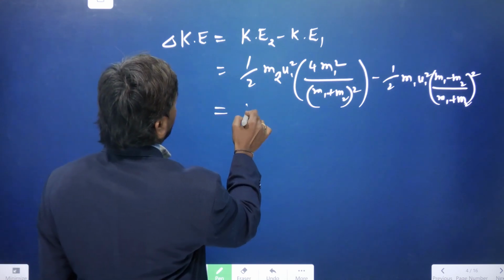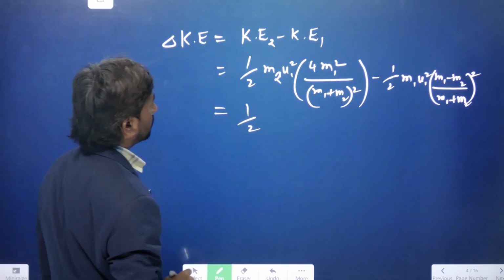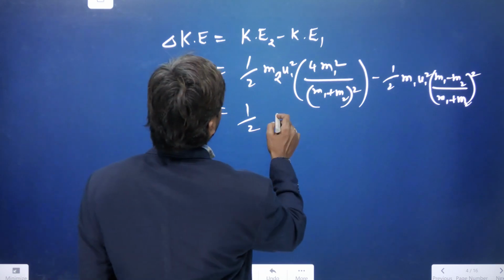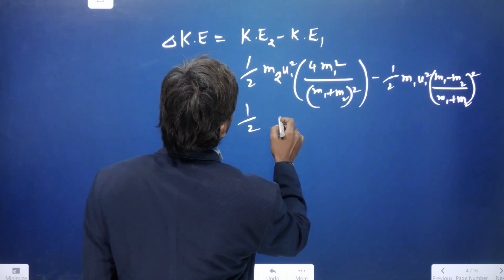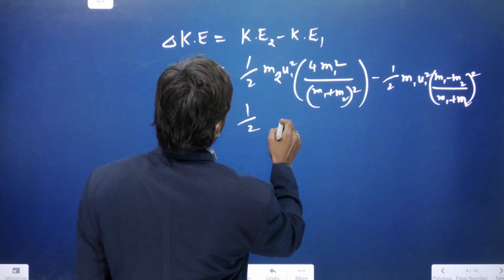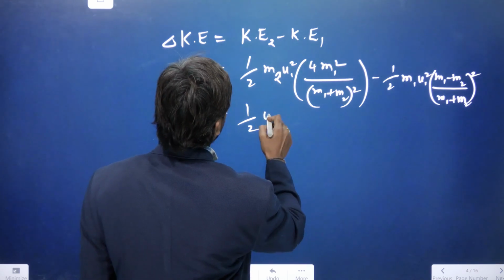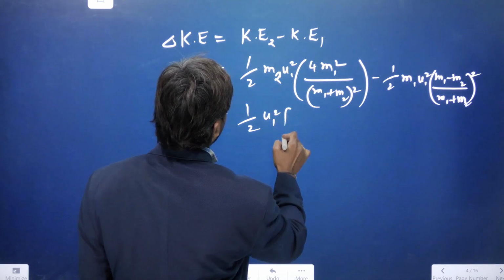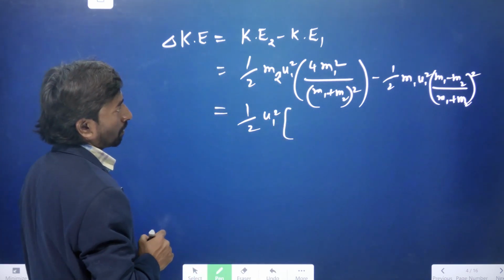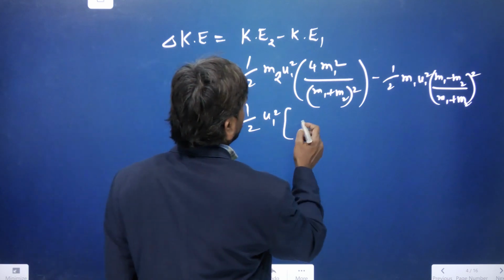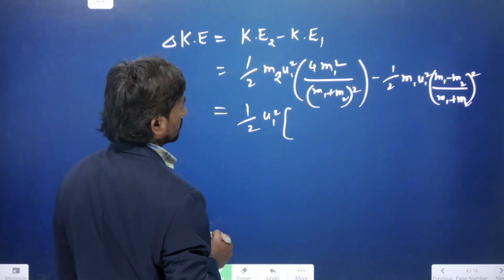See, from this half into u1 square we can take common from both, since u1 square is there here and u1 square is there here.